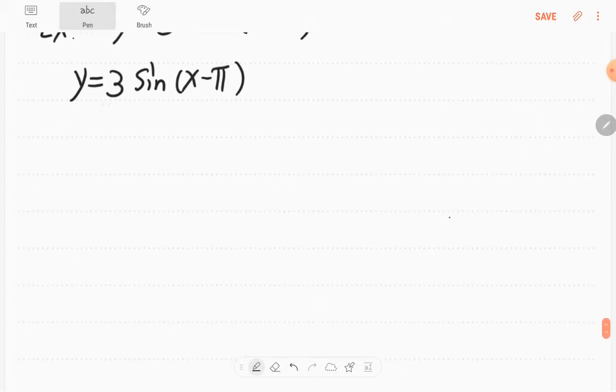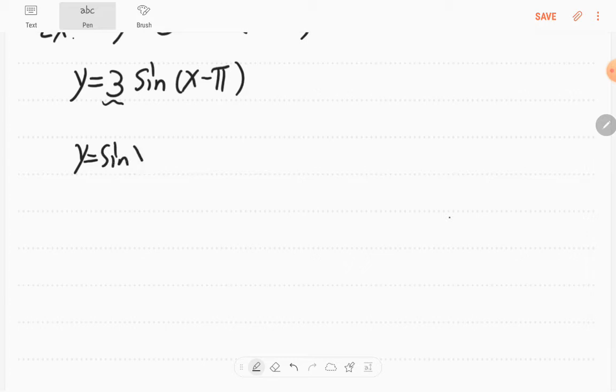And 3 is the amplitude, so the sine function will go from negative 3 to 3. And with the x minus pi, it will shift by pi.